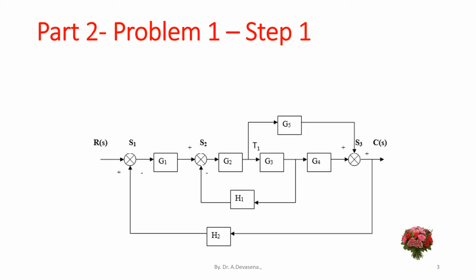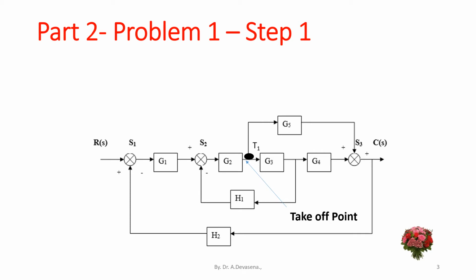Step 1. Here is the given block diagram and this is the takeoff point T1. This takeoff point is present in between the blocks G2 and G3. Because of this, it is not possible for us to eliminate the inner feedback loop.